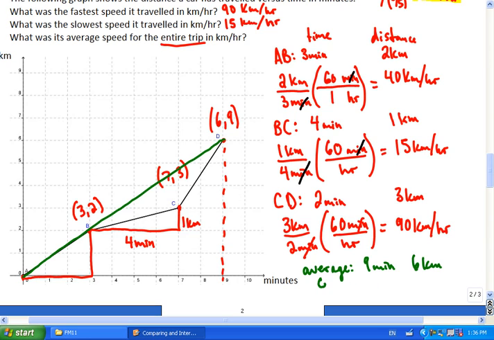So if I converted that, 6 kilometers in 9 minutes, and there are 60 minutes in an hour, that'd be the same thing as them doing 40 kilometers an hour. You do 60 times 6 divided by 9. Yep. 40 kilometers an hour instead of doing all the different speeds.